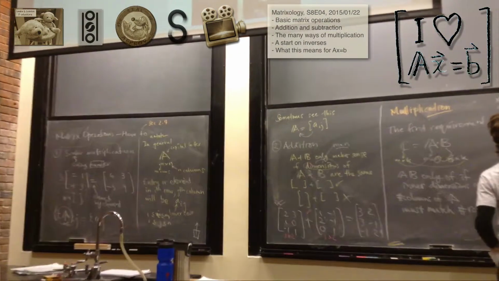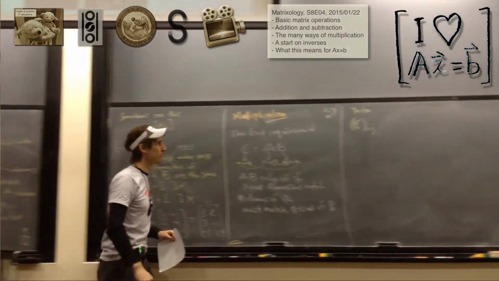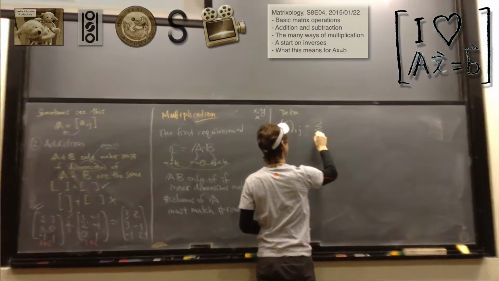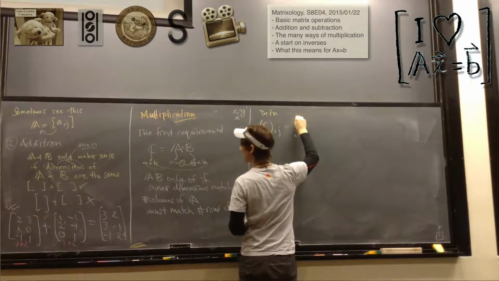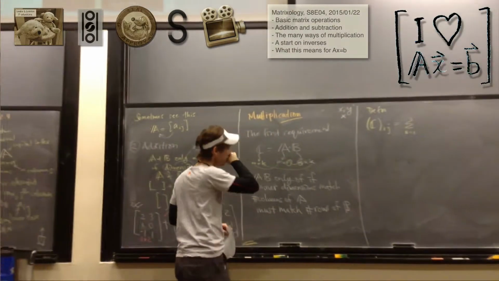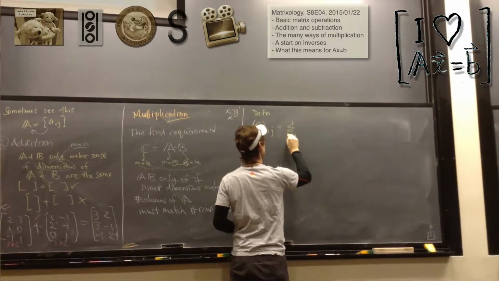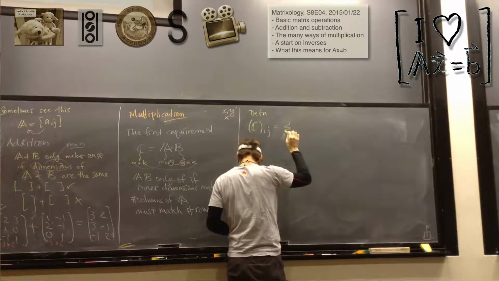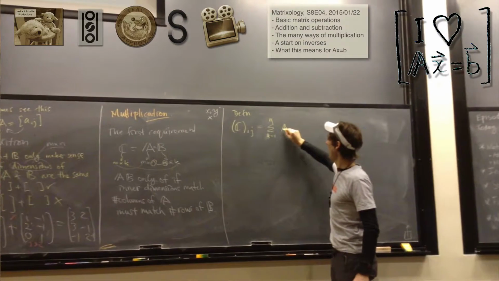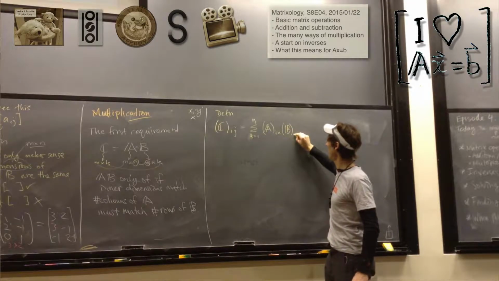So the definition is that the ijth entry of this guy is equal to the sum from k equals 1 to n, and this is going to be A, the ik entry of this guy, and then B, the kj entry of this guy.